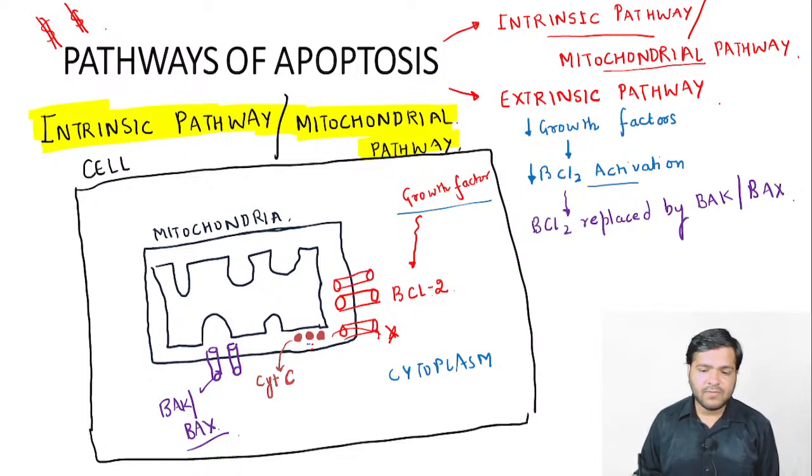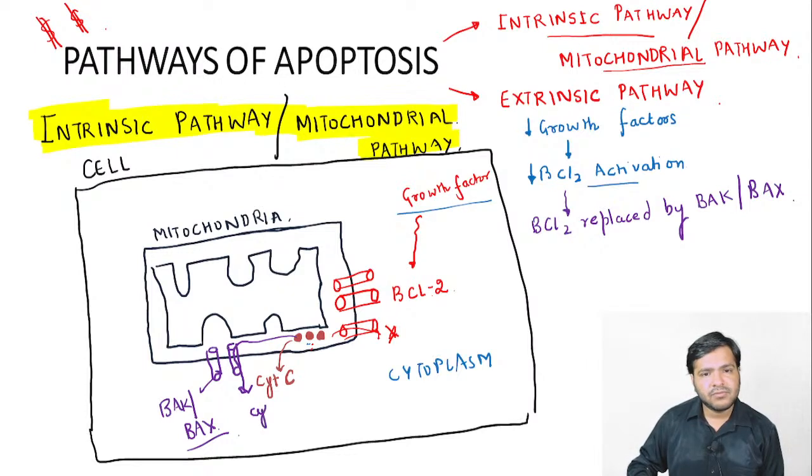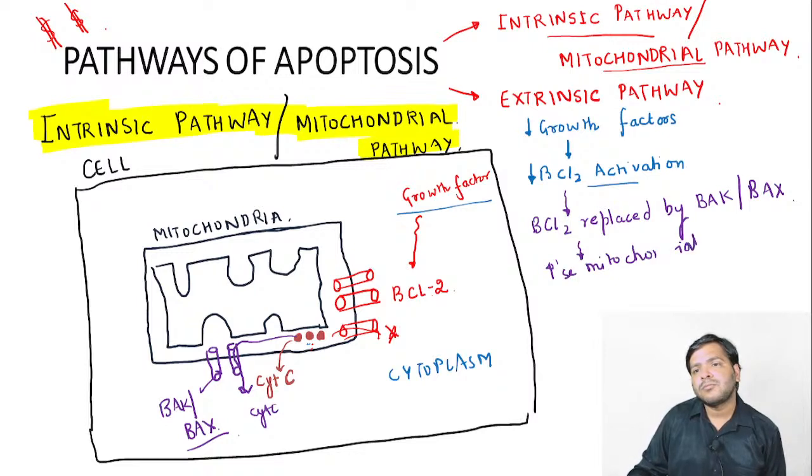Now what will happen? They will allow the cytochrome C to pass through this and come into the cytoplasm. Now they will increase the mitochondrial permeability.